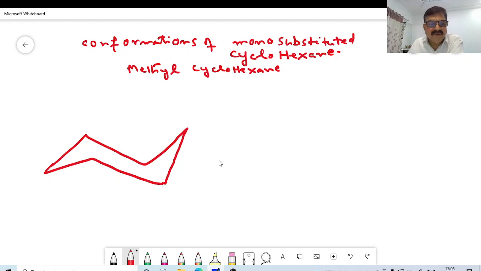Okay, now this will be flipping to another structure.